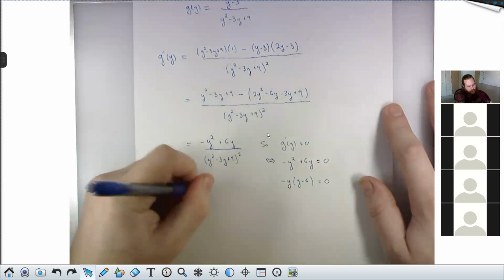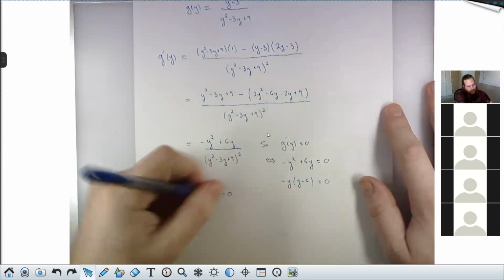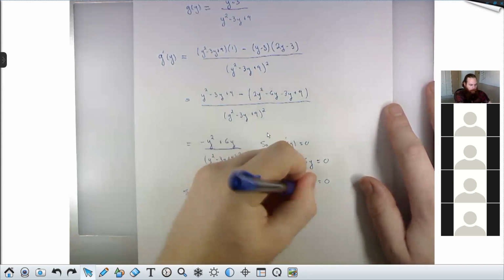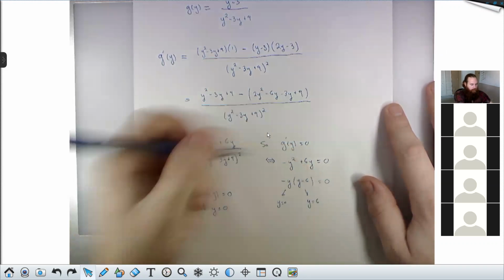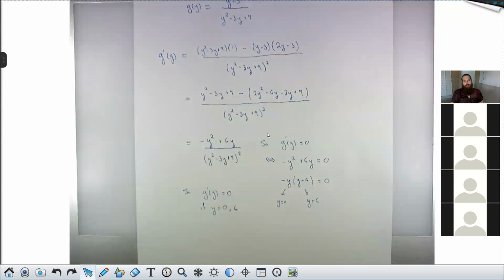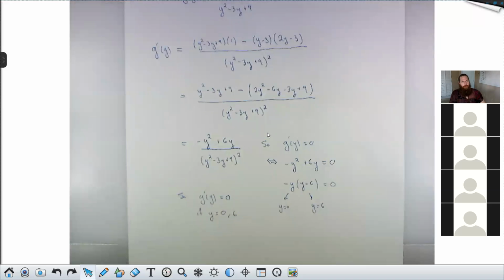So g prime of y equals 0 if y is 0, that's coming from this factor, or if y is 6, that's coming from this factor. So those are my two critical numbers. They're 0 and 6. And that's all we were asked for, is just find the critical numbers.